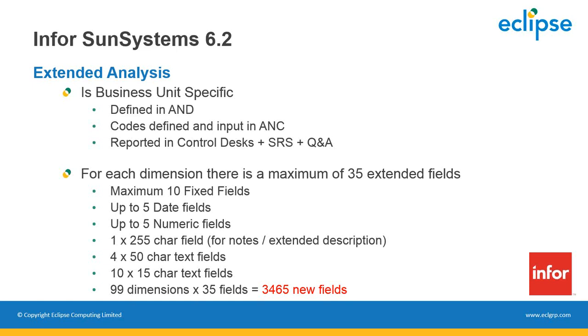As you can see here, for each dimension you can have up to 5 additional date fields, up to 5 additional numeric fields, and fixed text fields. Extended text fields, for example for an extended description or notes, 4 additional text fields of 50 characters, 10 additional text fields of 15 characters. So effectively, you can have an additional 35 fields for every dimension within the system.